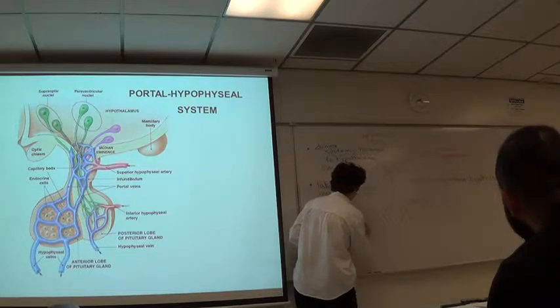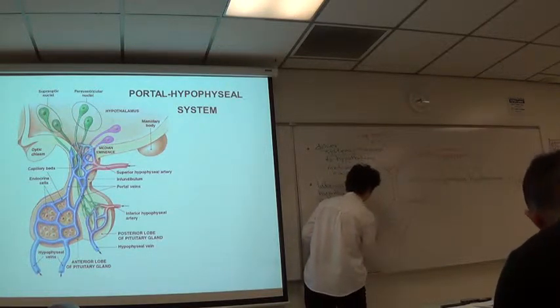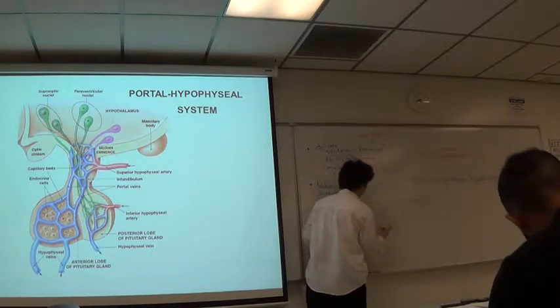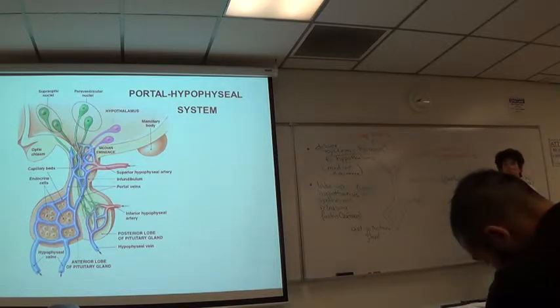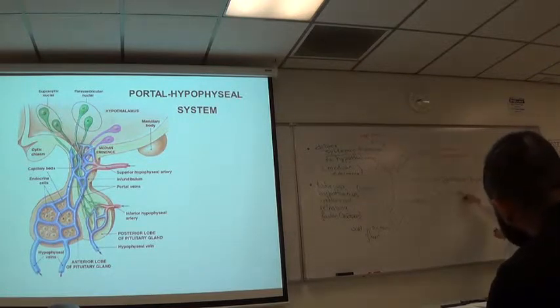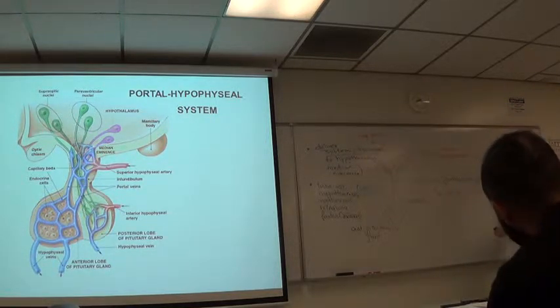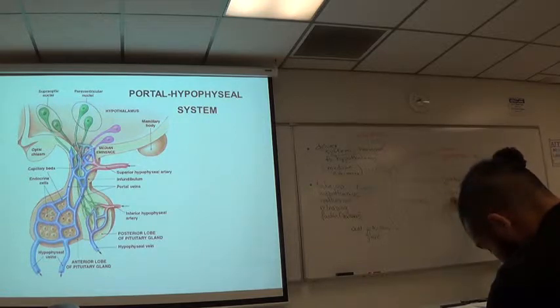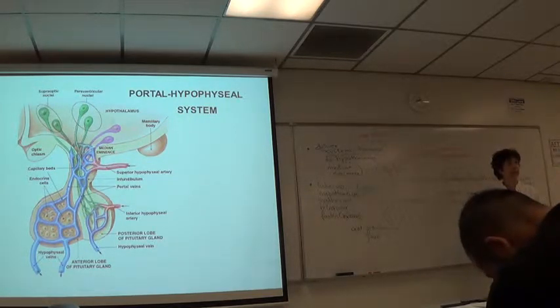So this is the anterior pituitary gland. So what is it going to deliver? It's going to deliver the releasing factors. And it's going to take up anterior pituitary gland hormones.